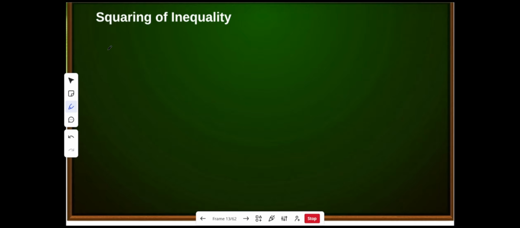So let's say we have given an inequality. Let's say if we have a less than b, then a square less than b square.